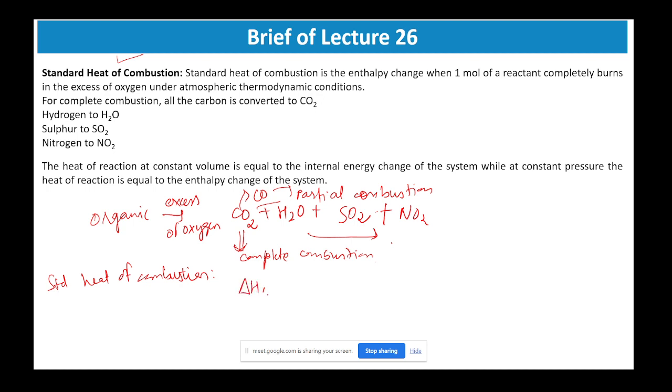So the heat of combustion at standard state is nothing but delta HF CO2 naught plus delta HF H2O naught plus delta HF SO2 naught plus delta HF NO2 naught minus delta HF of the organic compound.